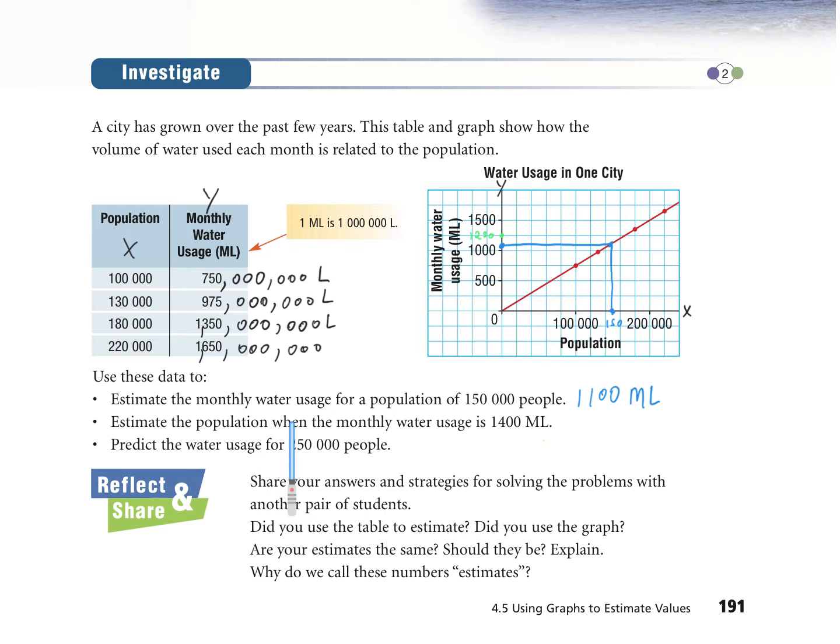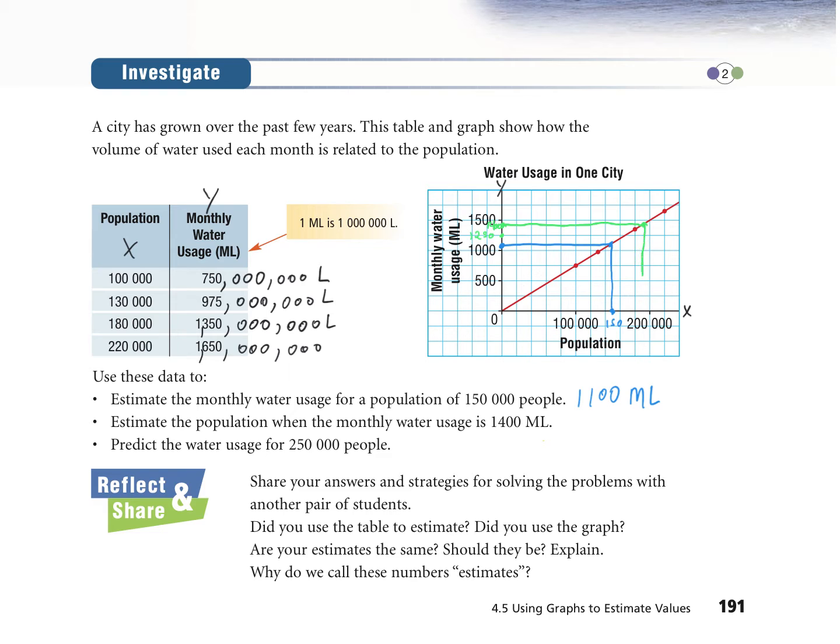So now for the next part, estimate the population when the monthly usage is 1,400 megaliters. So we can tell that 1,400 would be just under where the 1,500 mark is. So maybe right about here. We'll say that is 1,400 right there. We do the same thing, but in reverse. Now we go and draw a horizontal line this way till we get to our line.